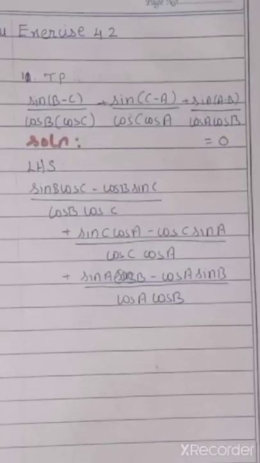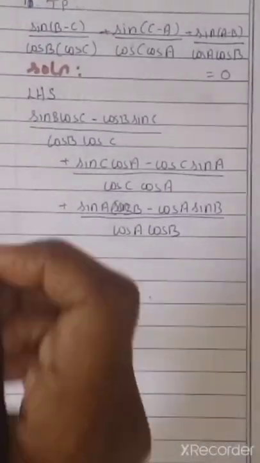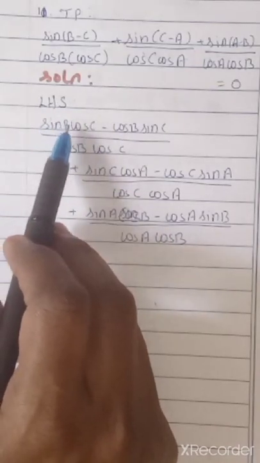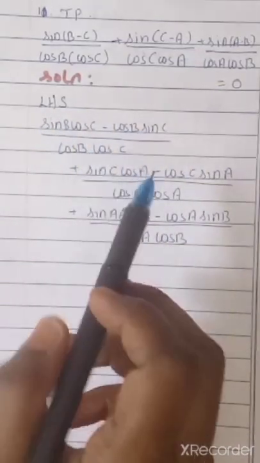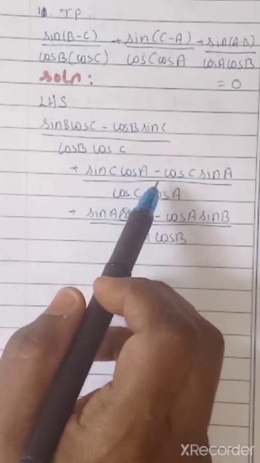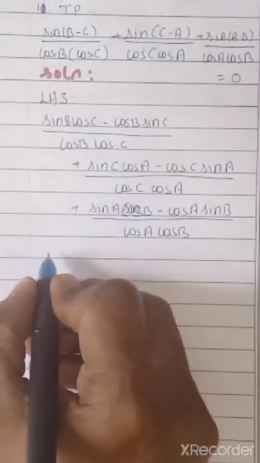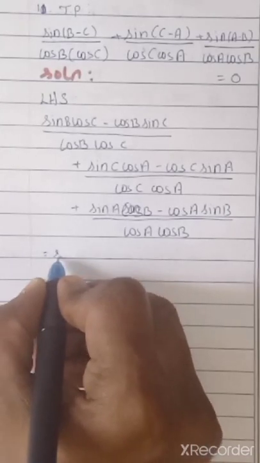Okay, now we are going to simplify this by separating the terms: first term by denominator minus second term by denominator. So how can we write the first term?